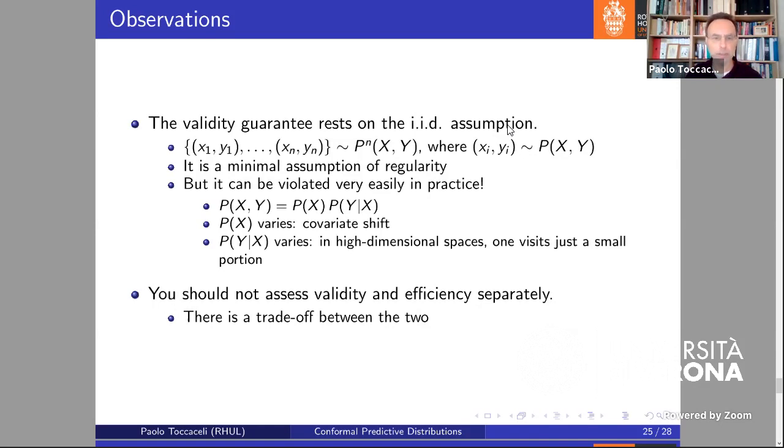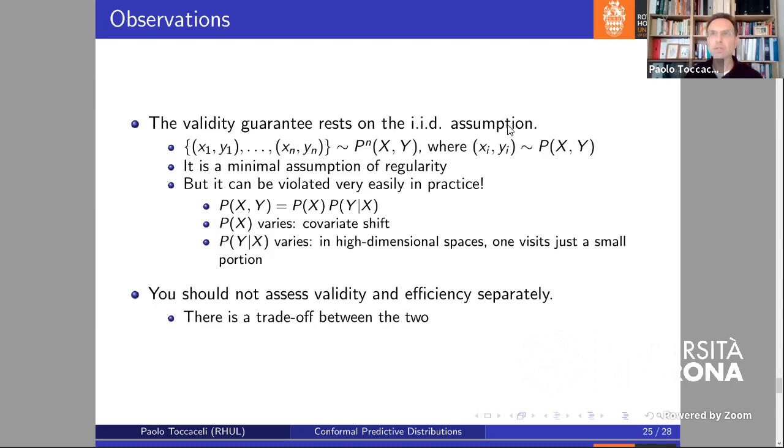One is when the distribution of the objects themselves varies, and this is what goes by the name of covariate shift. And the other is that the probability of y given x varies.